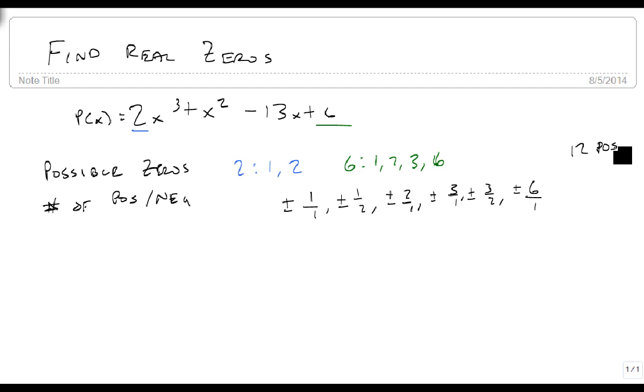Okay, the other thing that I want to look at is how many are positive and how many are negative. So I'm going to look for sign changes in the original. There's 1 sign change, 2 sign changes. That means for my positive, there's 2 zeros here for the positive case. The negative takes just a little bit more work. I've got to first rewrite all the odd ones to be opposite signs.